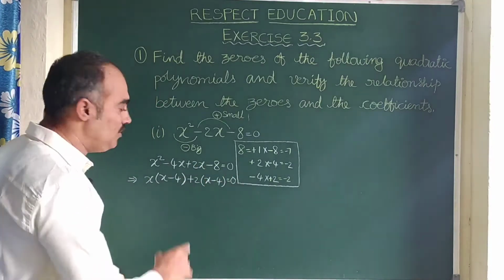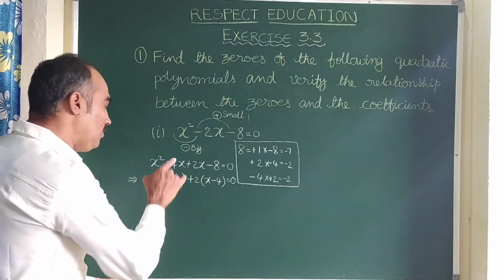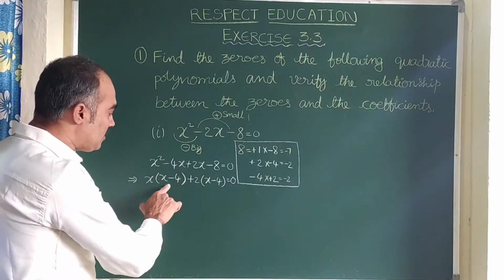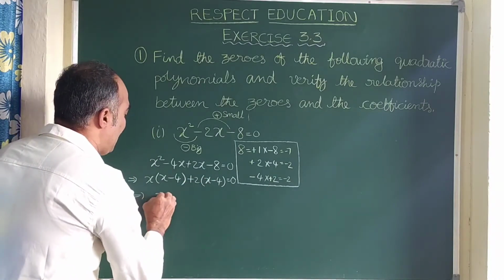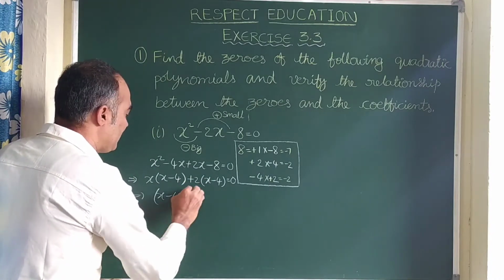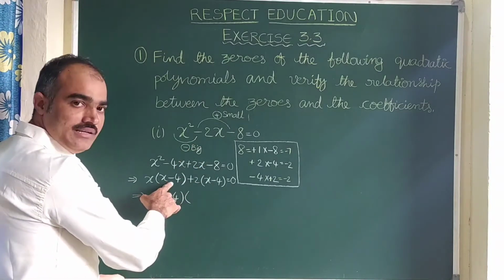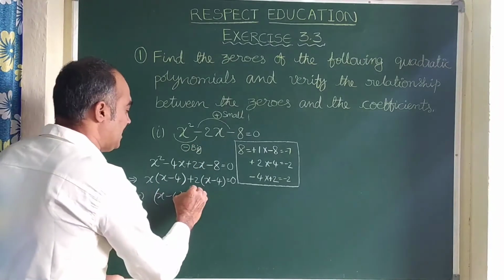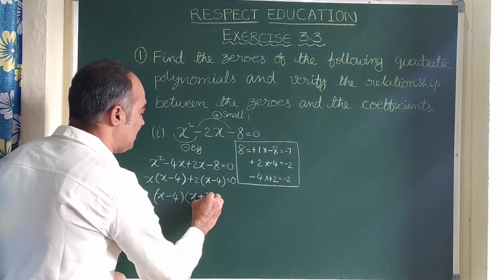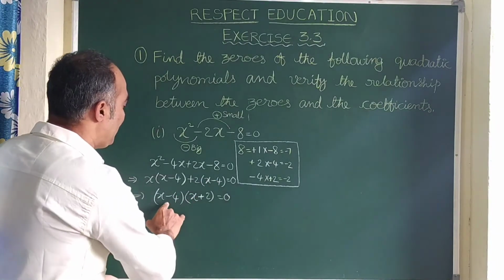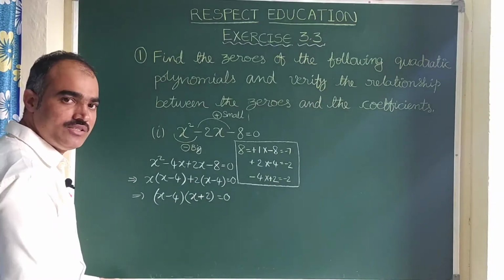You just observe here these two are equal. Now x minus 4 is equal, so I am taking x minus 4 as common again. So I will get x minus 4 into, here x is left, plus here 2 is left. We got x minus 4 into x plus 2 equal to 0.